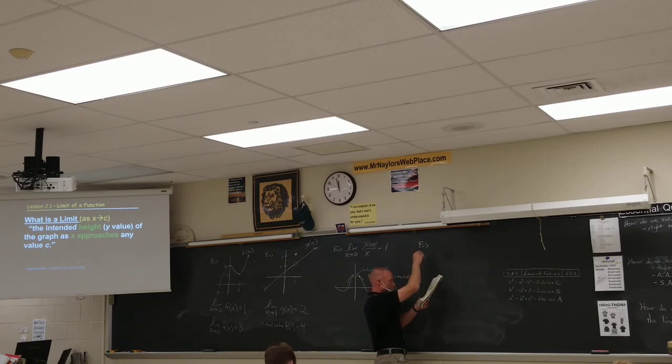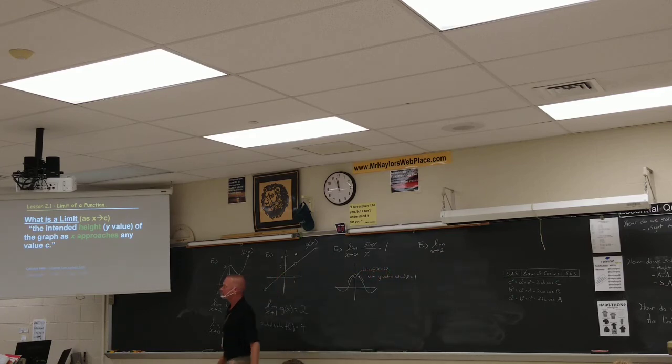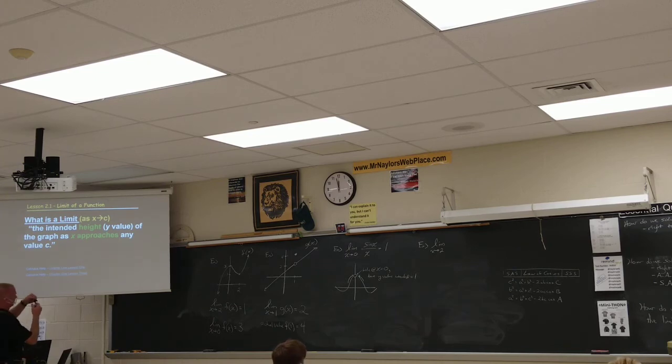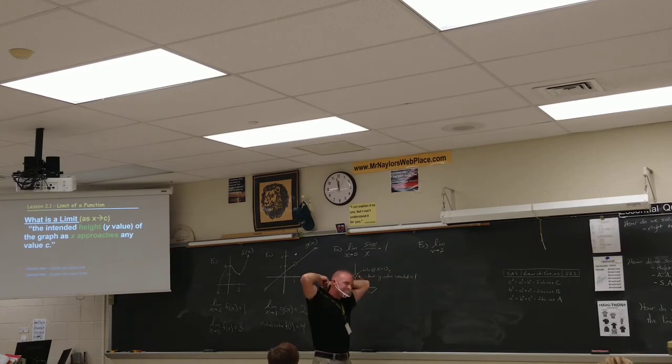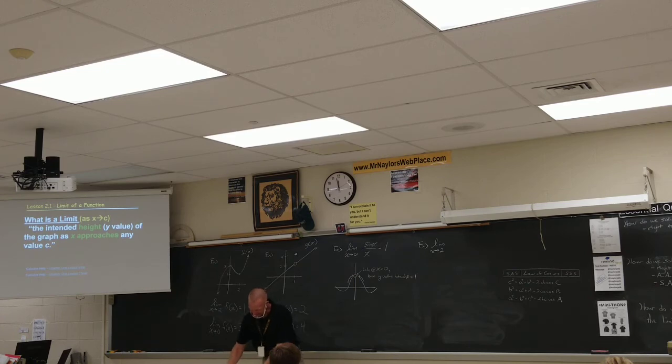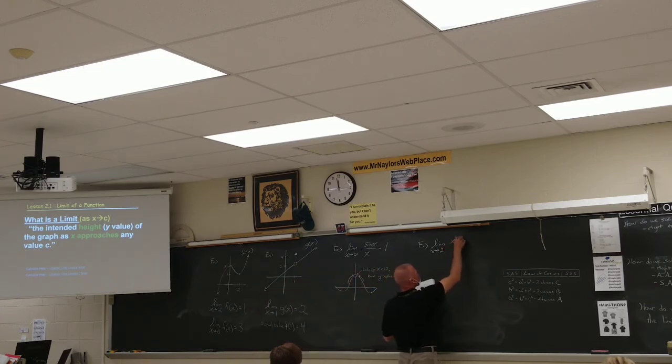But really my purpose here is to show you the algebra. So it's up here. All right, so it was the limit as x approaches 2 of x squared minus 6x plus 8 all over x minus 2.